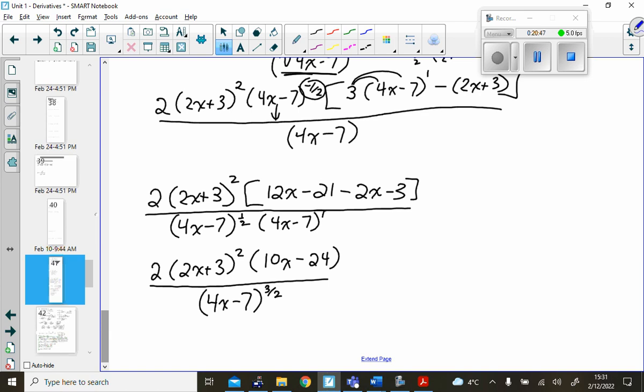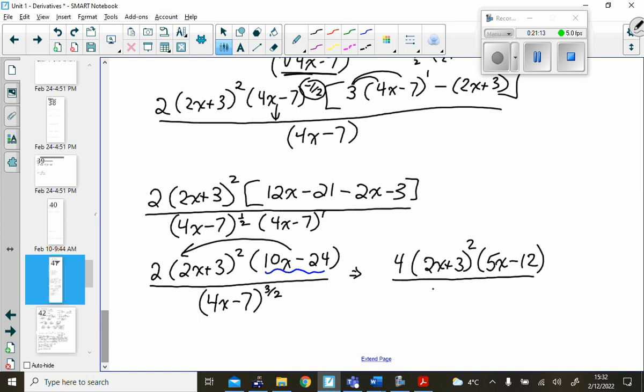There's no negative exponents anywhere, but there is a common factor in this bracket. 10x minus 24 is 2 times (5x minus 12). So I will take the extra 2 out of there, and this will become 4 (2x plus 3) squared, (5x minus 12) over (4x minus 7) to the 3/2.